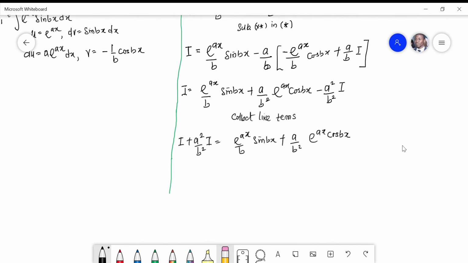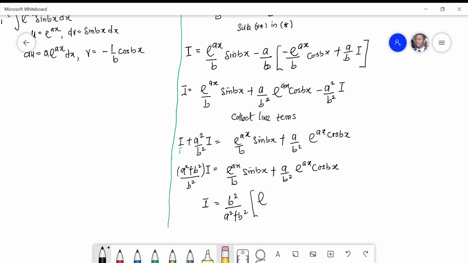We can add the terms together, take the LCM, so that's going to be a squared plus b squared over b squared I. And here our I, which is our integral, becomes b squared over a squared plus b squared times this.